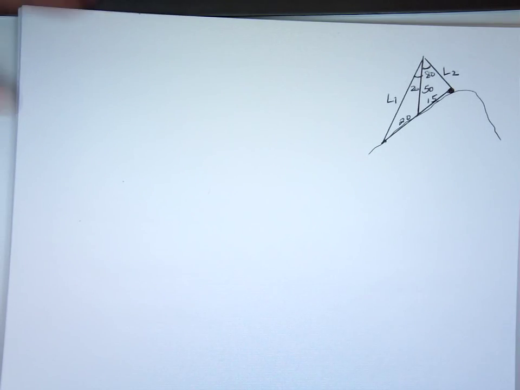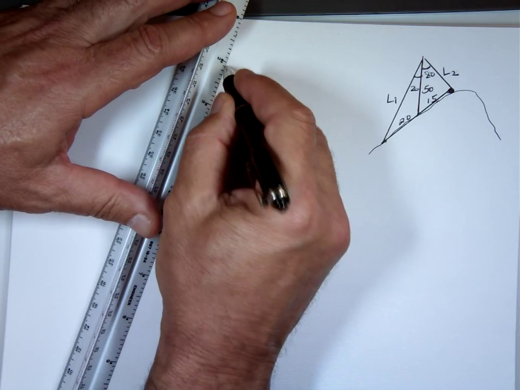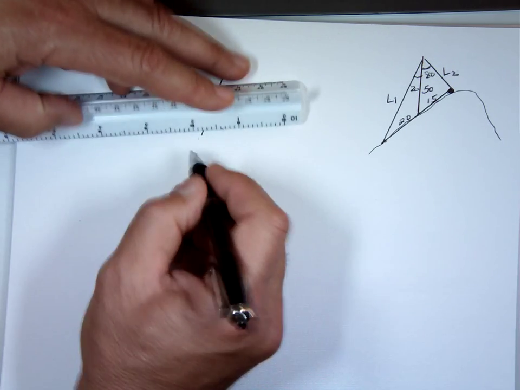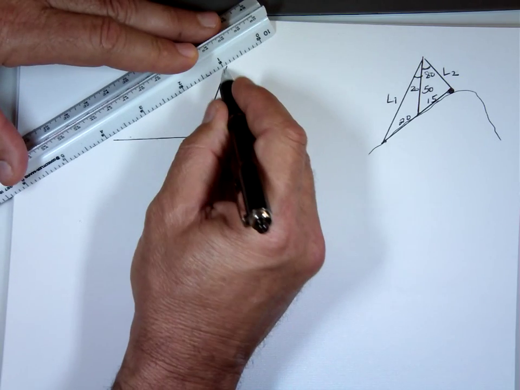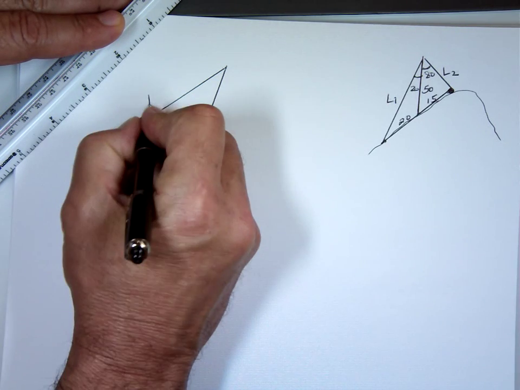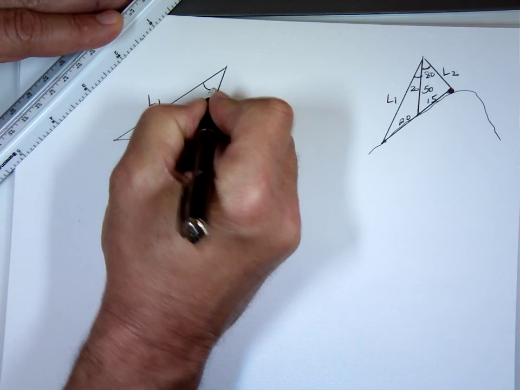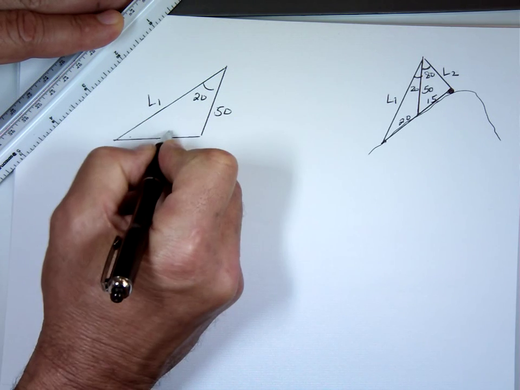So when I look at my triangle, I have two triangles. This is what it looks like. This is the first one. This is this one on this side. This is L1. This is 20. That's 50. This is 20.